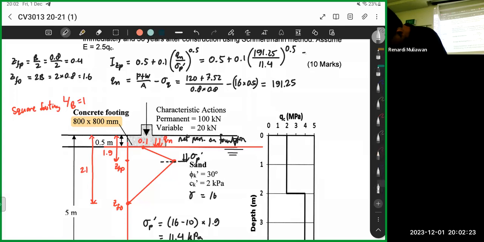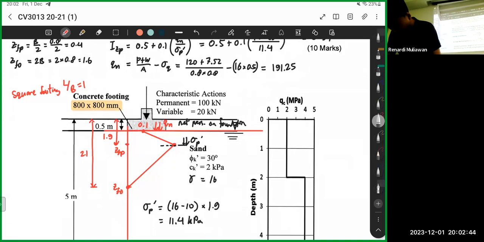Then you will get around 0.91. So the peak IZP will be 0.91.